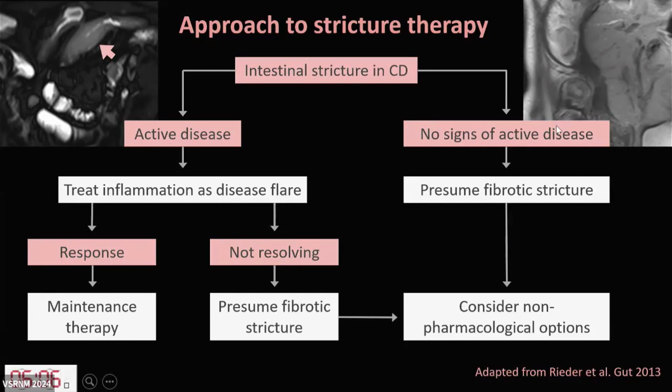If there are no signs of active disease, then it will be presumed that this is a fibrotic stricture, and we'll consider non-pharmacological options. If there is active disease, then we should go for medical therapy to treat inflammation first. If there is response, then we can go for maintenance therapy. If it's not resolving, then it's also presumed to be a fibrotic stricture.